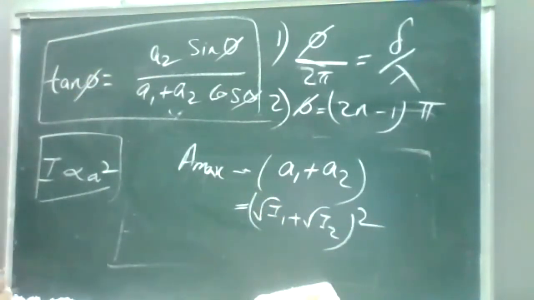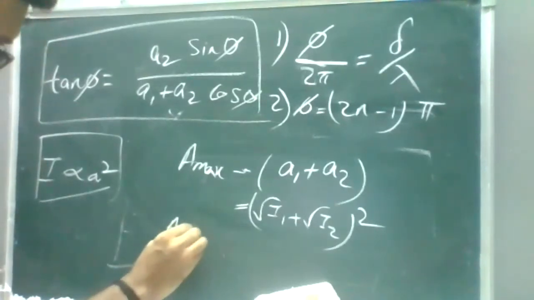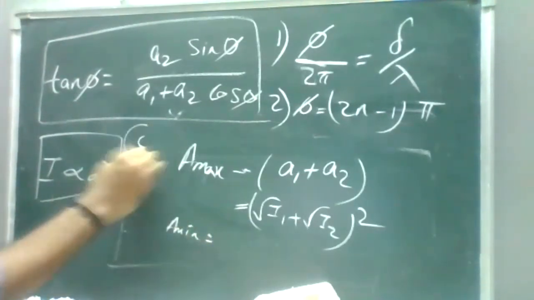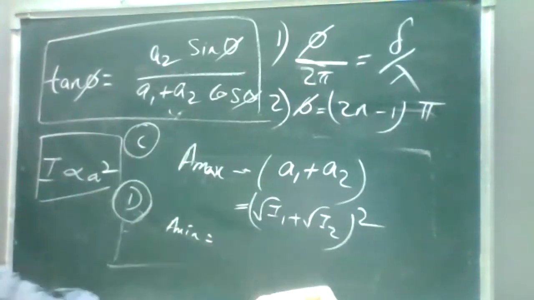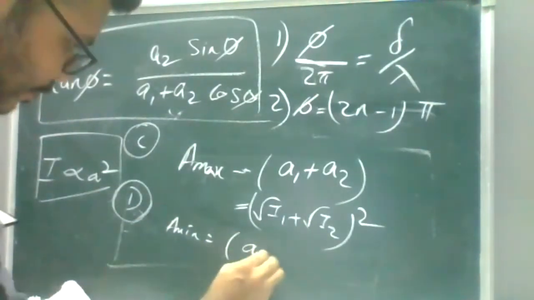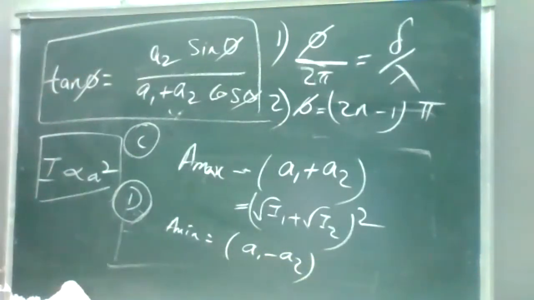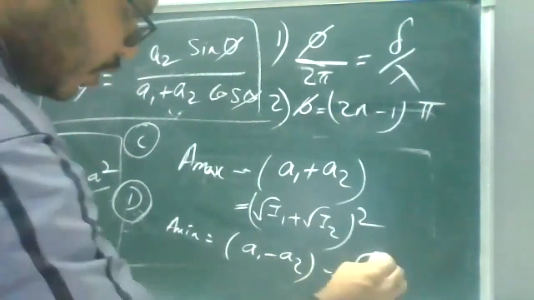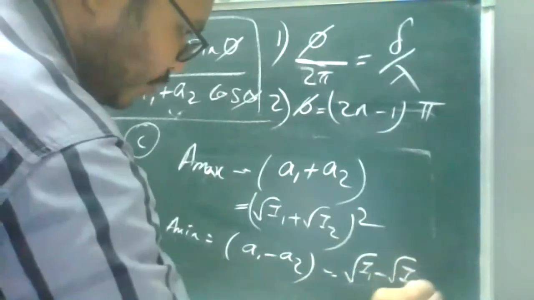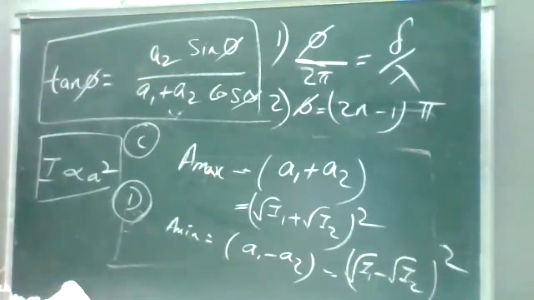So the first one is your constructive interference and the second one is your destructive interference. A minimum is equal to A1 minus A2, which is equal to root I1 minus root I2 whole square.